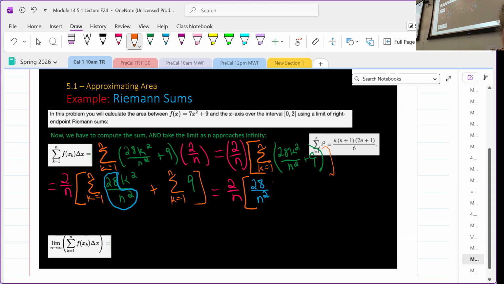So the 28 over n squared comes outside that sigma. So it's from k equals 1 to n of just k squared. Now we'll be able to fill in from our formula. But I'm going to finish writing my line. Hold on, let me make that green.